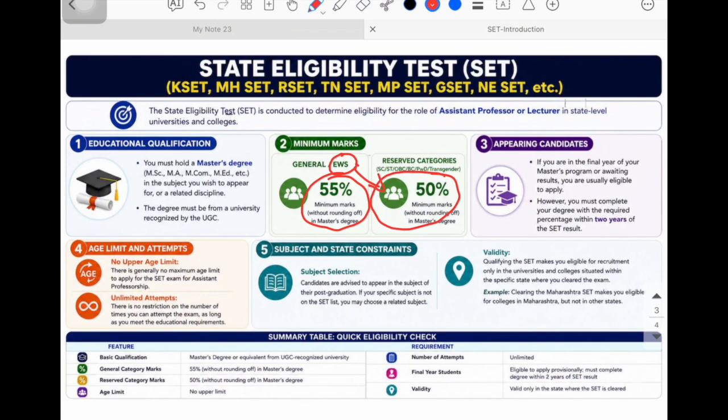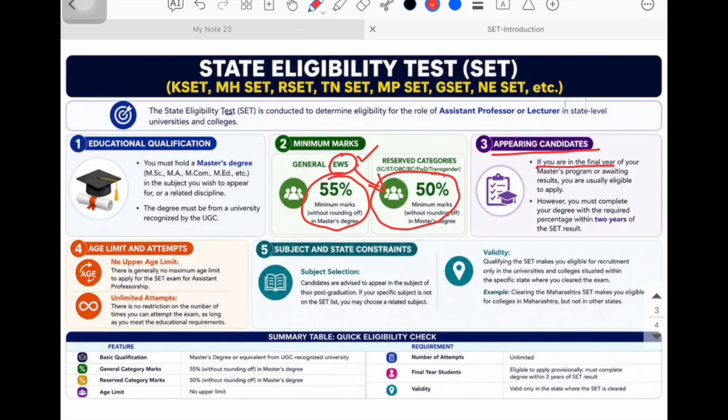So you can check, if you are attending in a particular state, in that notification this point will be given. Okay, and imagine you are a final year student, an appearing candidate.